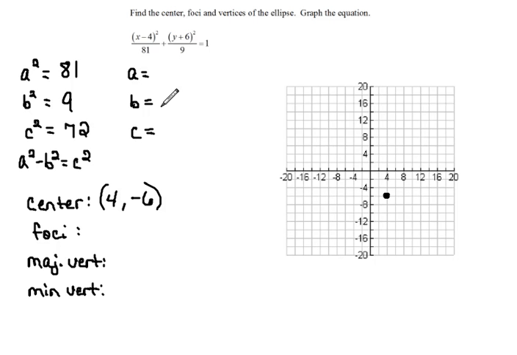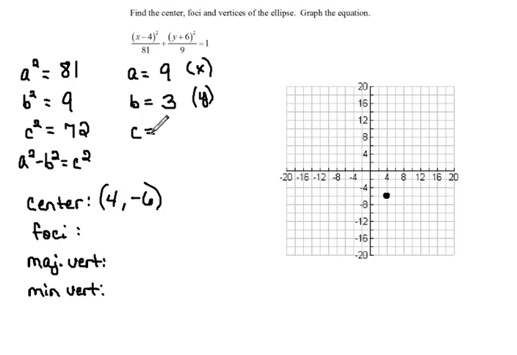Now we can find our a, b, and c by taking the square root of those. So a will be the square root of 81, which is 9. And remember, we got that from underneath the x's. Our b will be the square root of 9, which is 3, and remember we found that underneath the y's here.